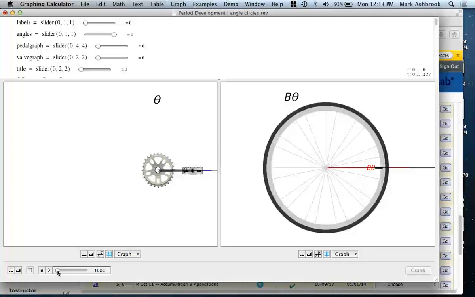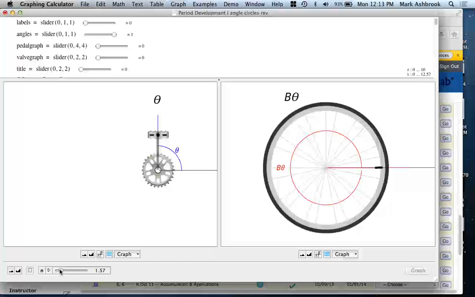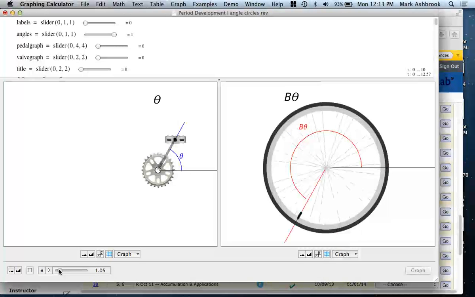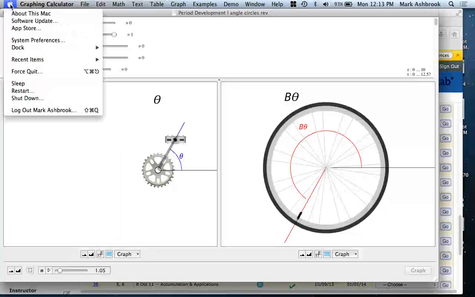So here, I'll show you one. There's about 1 radian of angle of the pedal. Oh, is that not a circle? Is that a circle, or would that be a really hard bike to ride? Yes, it would be a really hard bike to ride, right? Awful, not functional.